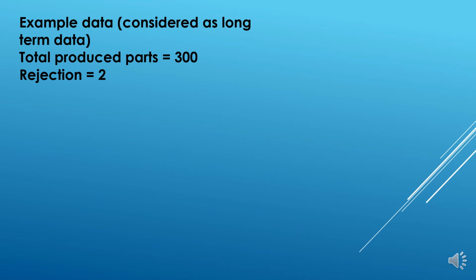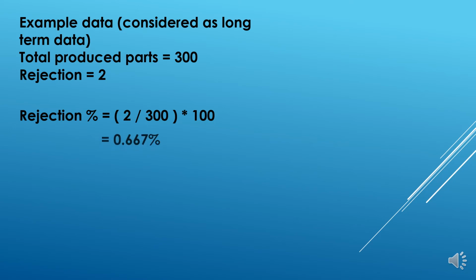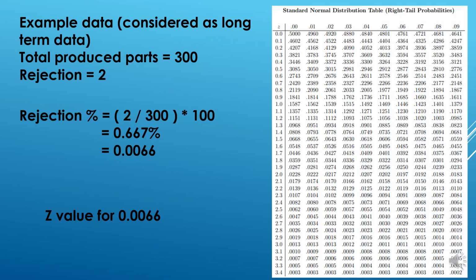How will we calculate the process capability for this? The concept is again similar. We need to calculate the Z value. Rejection percentage is 0.0066, and we already did the same exercise, so the Z value is 2.48.